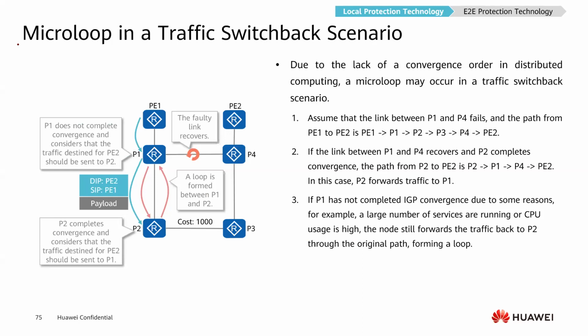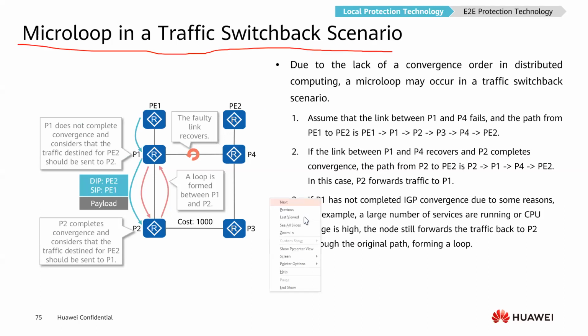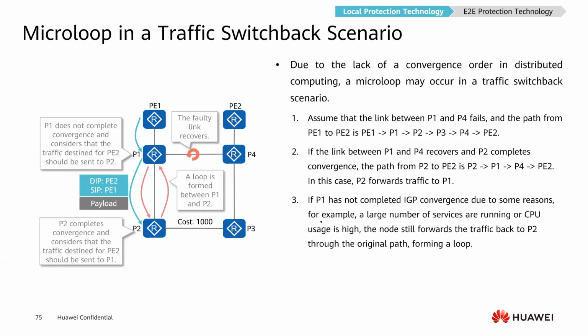And also there will be some macro loop in a switching back scenario. The situation is like this. Assume that the link between P1 and P4 here is recovered. The path from P1 to P2 will be P1, P2, P3, P4, P2.